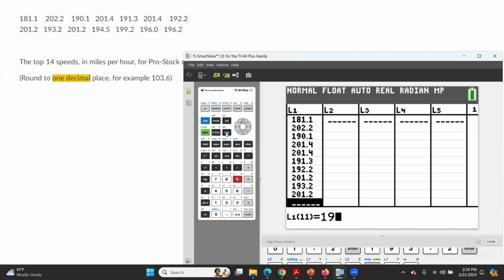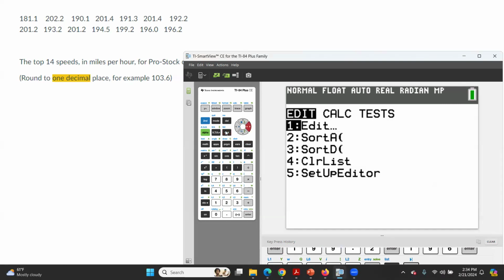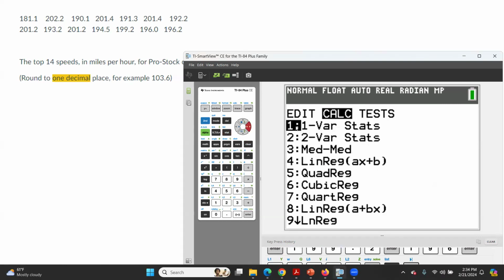Then you have 194.5, 199.2, 196, and finally 196.2. Here we go.